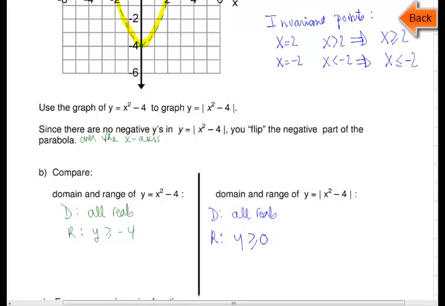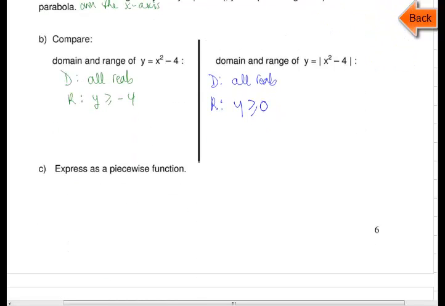Okay, so now we're going to write our piecewise function. We're going to keep in mind that by definition we get this. All right, so we're going to say y equals our original function, our quadratic, x squared minus 4.